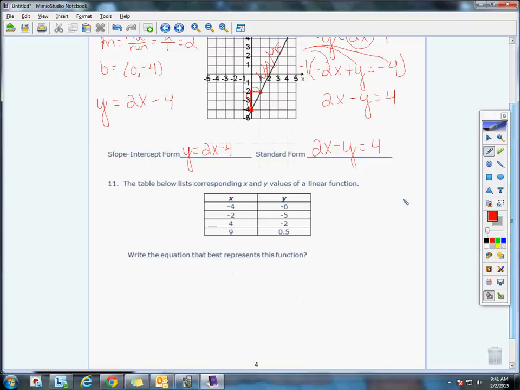Alright, number 11, it says the table below lists corresponding x and y values of a linear function. Write the equation that best represents this function. So this is L1, this is L2.